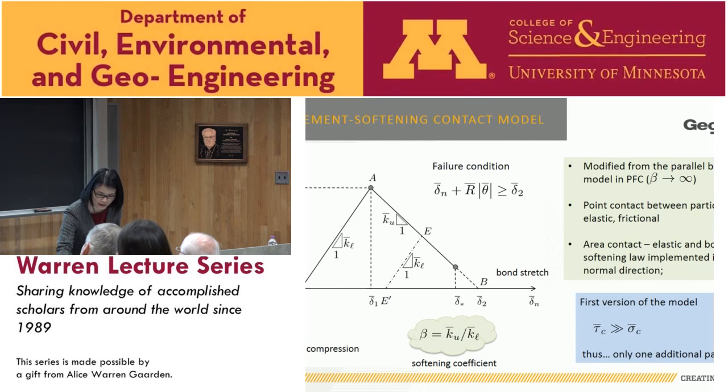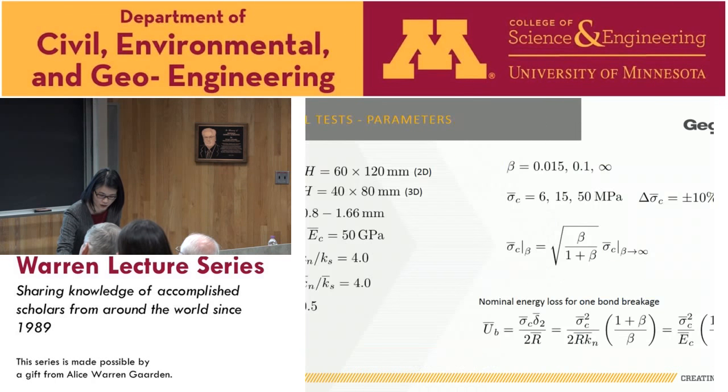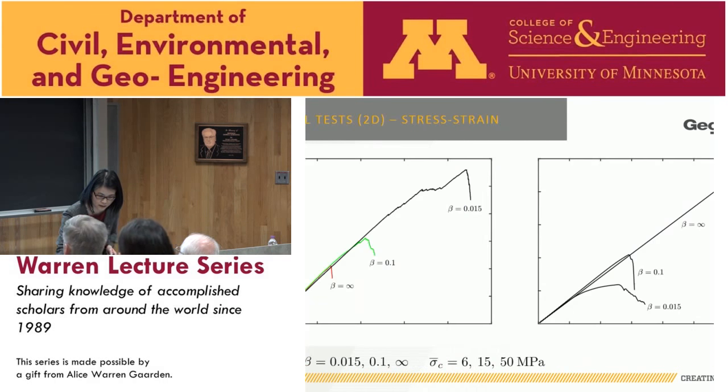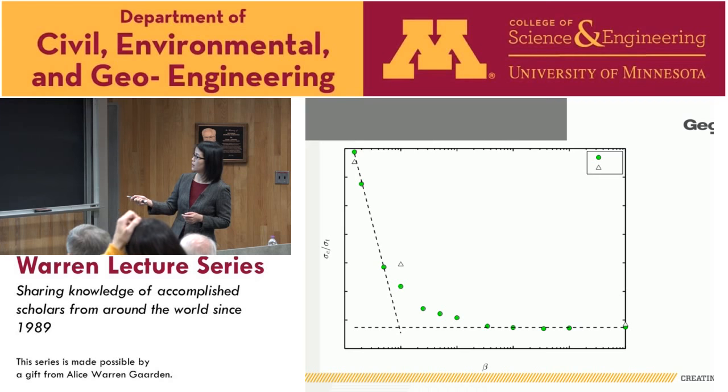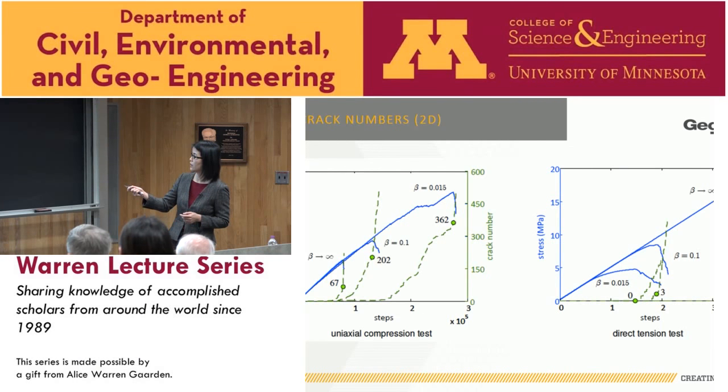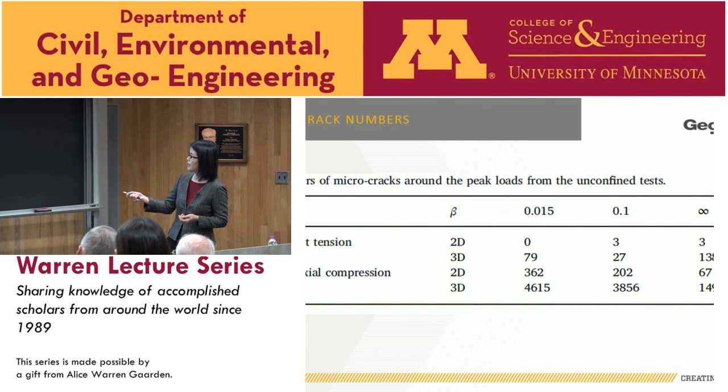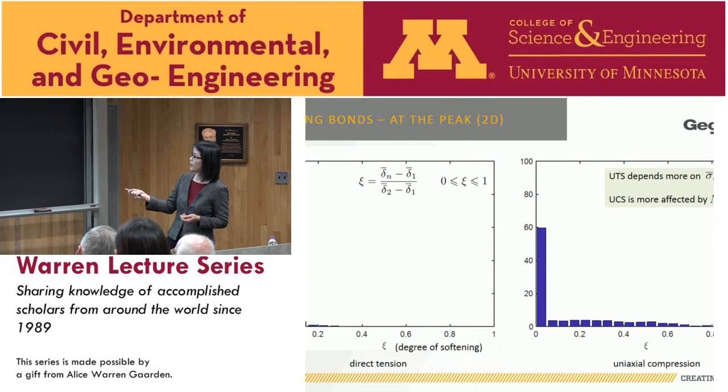But on the other hand, for the compression test, you see that the percentage of bonds with light damage has now decreased to 60%, but there is a tail. There is a tail of bonds with various degrees of damage, all the way to very significant damage.